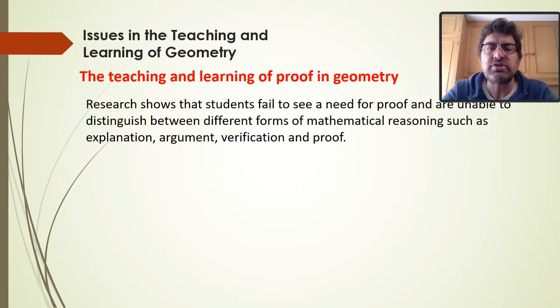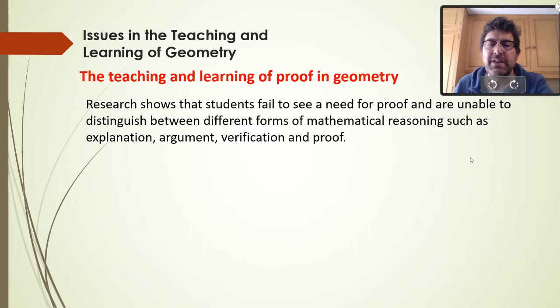Well, research shows that students fail to see the need for proof and are unable to distinguish between different forms of mathematical reasoning, such as explanation, argument, verifying, and proof.